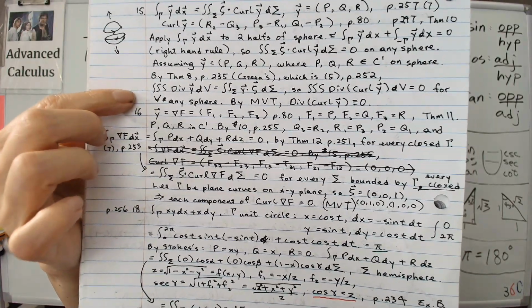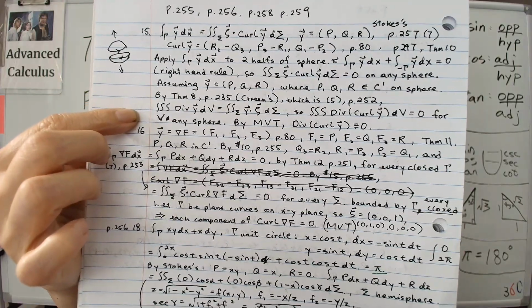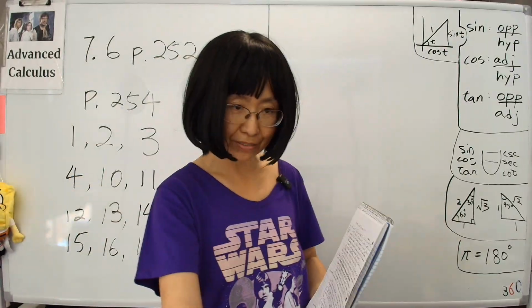So by the mean value theorem, the divergence of curl is equal to 0. So that's problem 15.